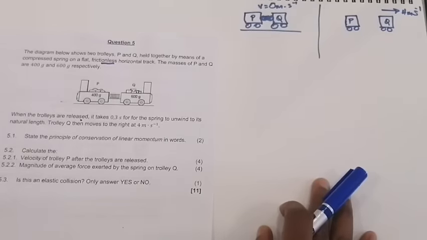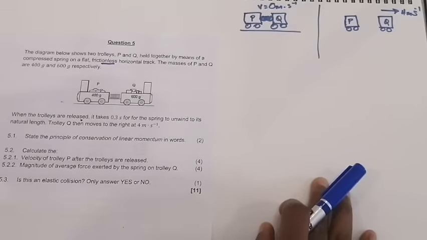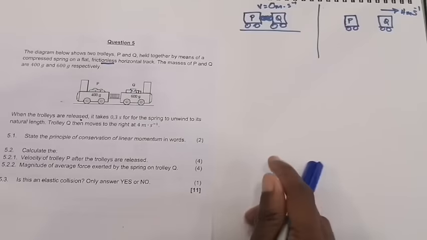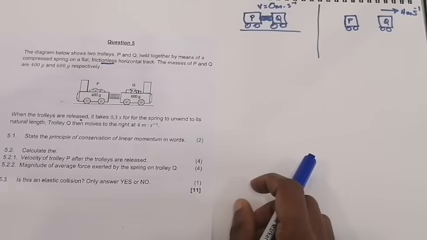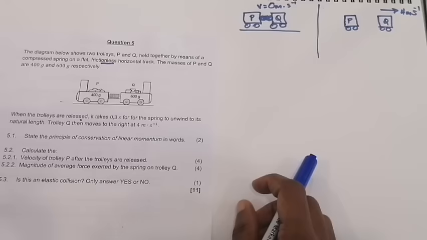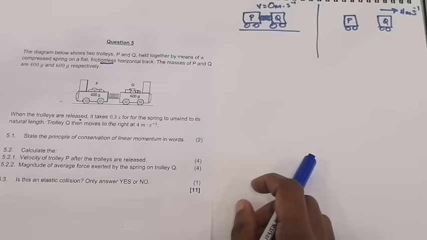We said in an isolated system the total linear momentum is conserved in magnitude and direction, or you can just simply say the total linear momentum remains the same or is conserved.